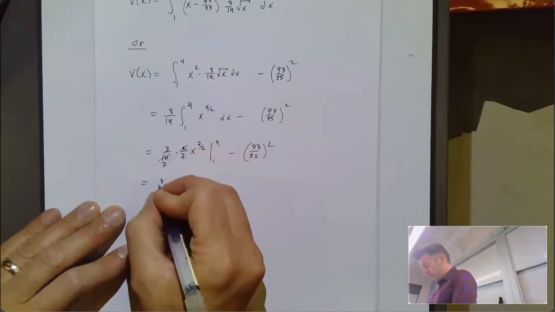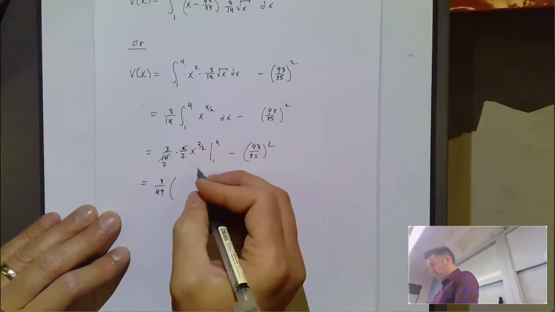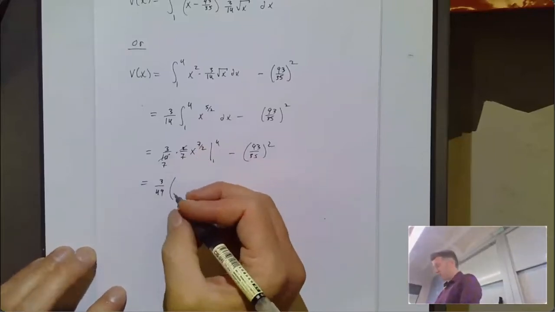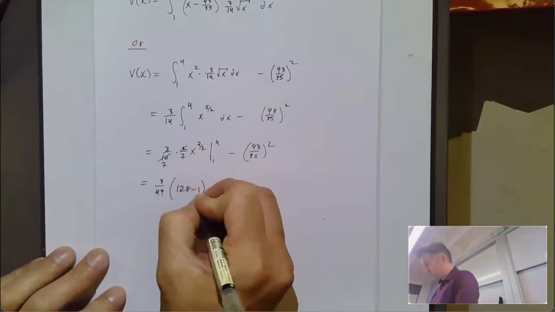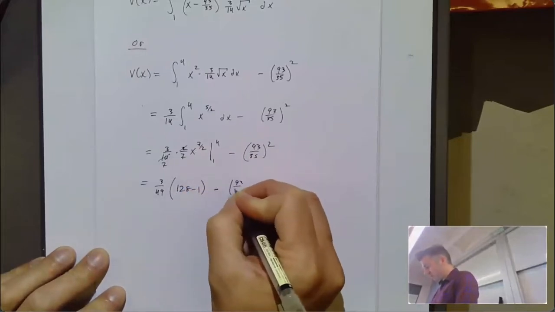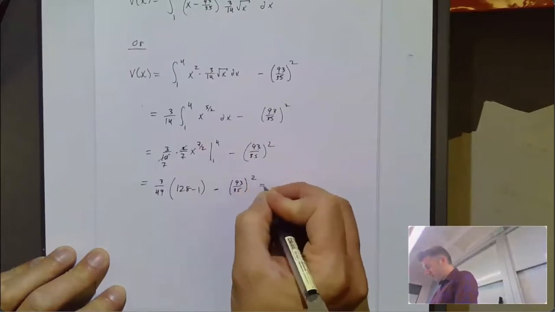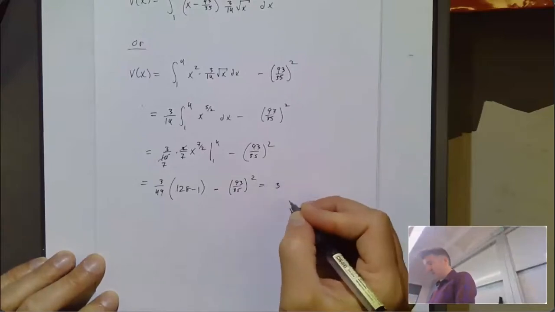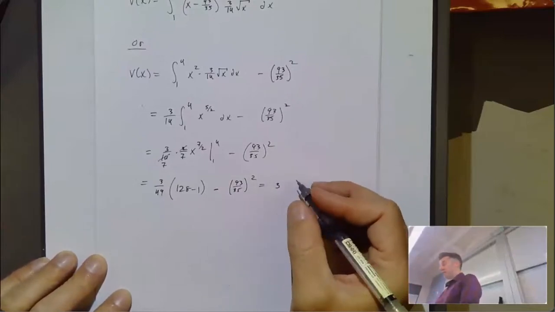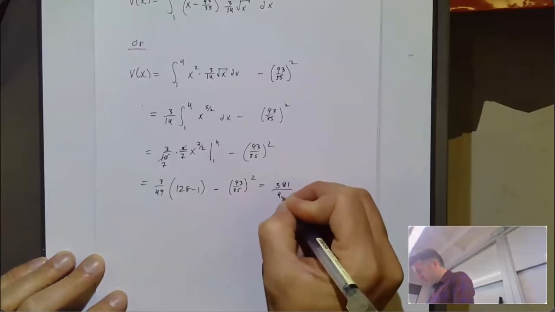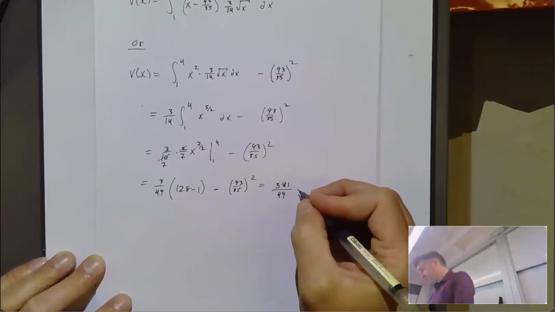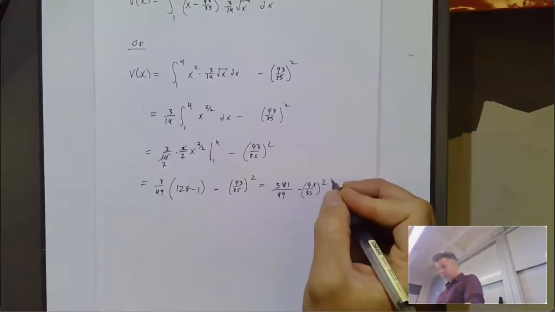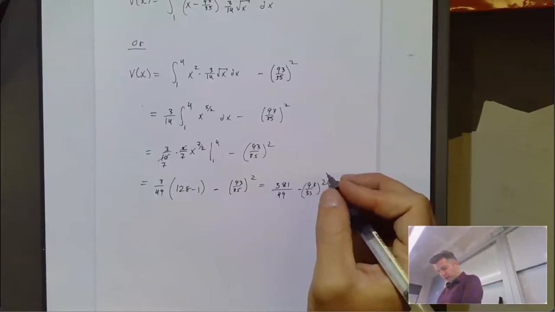So you get 3/49 times 4 to the 7 halves, which is 2 to the 7th, which is 128, minus 1, minus 93/35 squared. So we end up getting 127 times 3, which is 381. 381/49 minus 93/35 squared. Which then I would just get a calculator and get approximately.